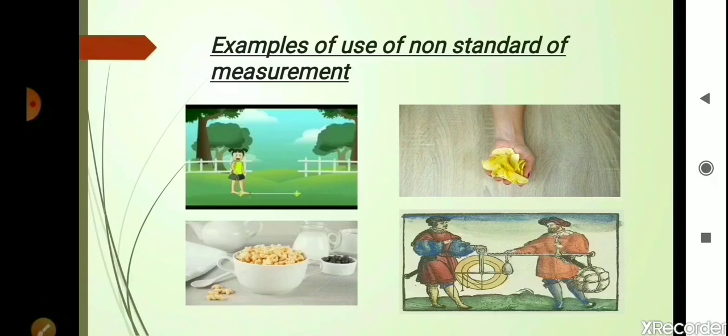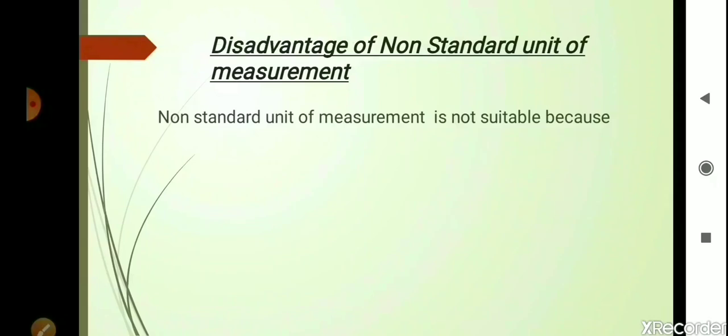There is a problem with the use of these kinds of measurements, because it creates confusion, because it lacks uniformity. That means, as I have already told, these things are not fixed by any logic and they may change. So they are not valid at every place.